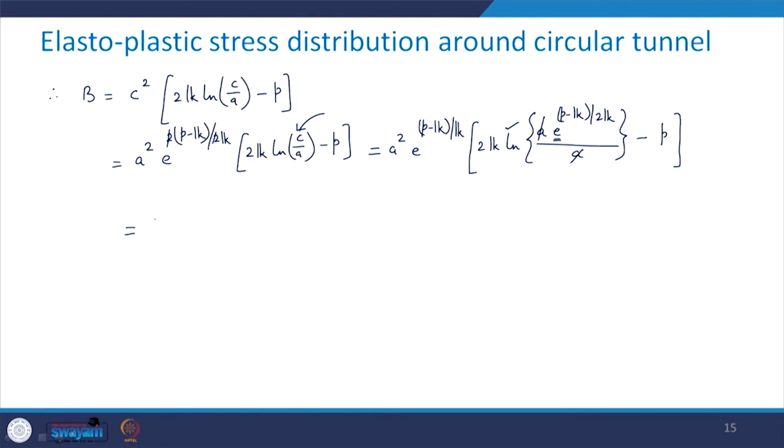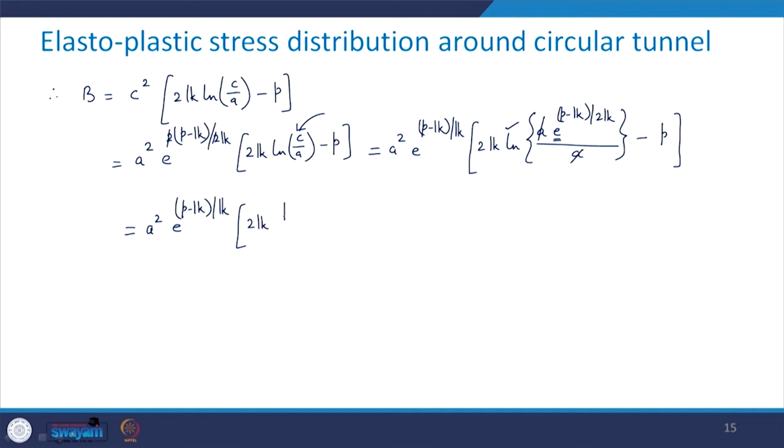So, this term can now be written as A square e to the power P minus kappa upon kappa into 2 kappa.